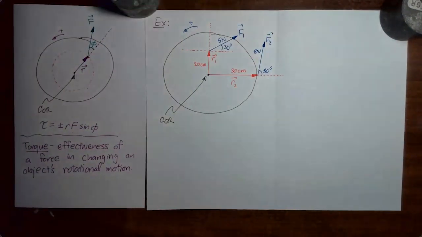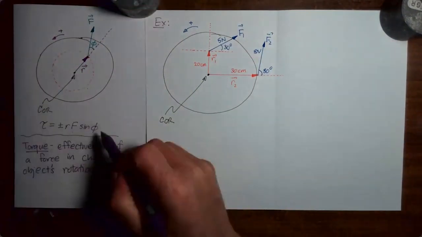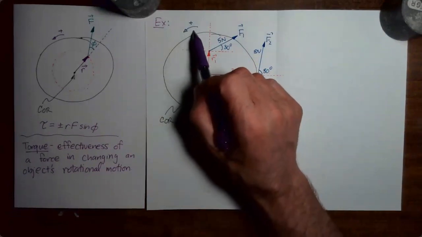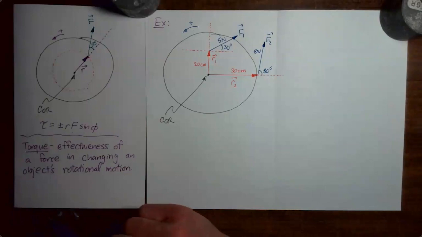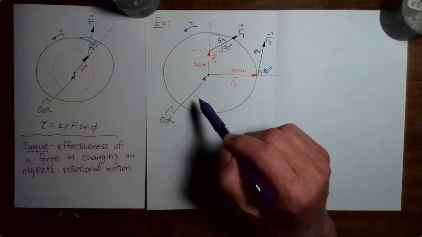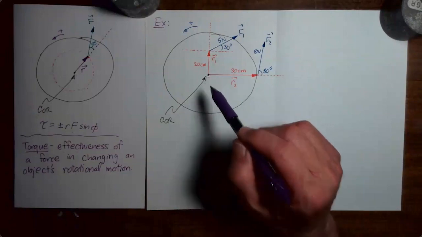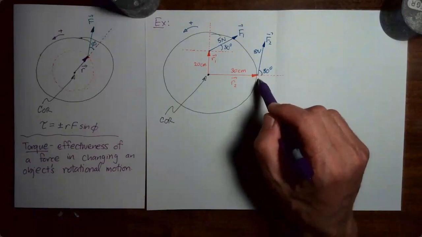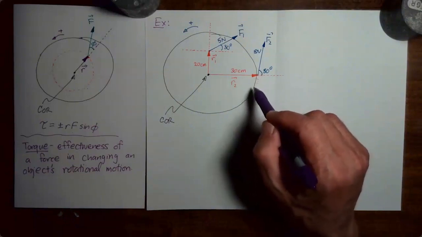Here we're just going to do a couple of sample calculations using that formula. You can see that I have defined counterclockwise to be the positive direction. I have this object here that can rotate, and I have set the center of rotation of the object right here in the center. And I have two different force vectors which are acting on the object.